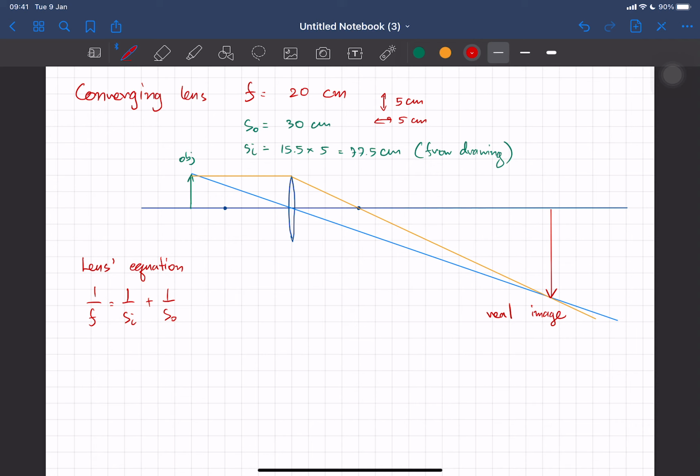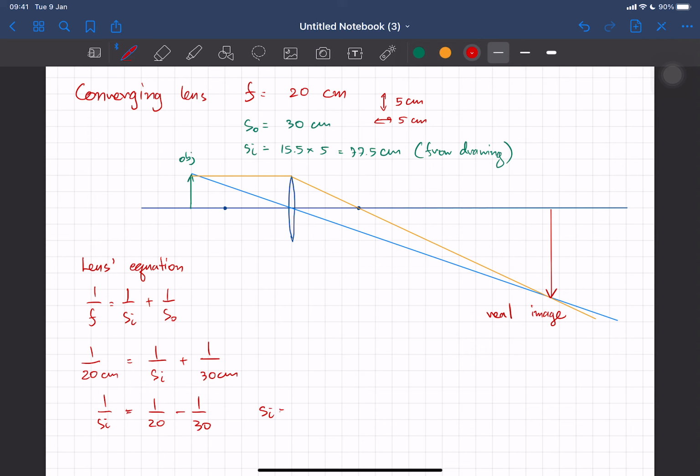So 1 over F is 1 over 20 centimeters, equal to 1 over SI, that's what we want to find, the image distance, plus 1 over SO, which is the object distance, 30 centimeters. So 1 over SI is 1 over 20 minus 1 over 30.